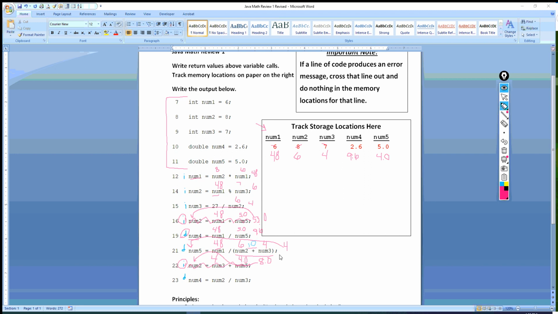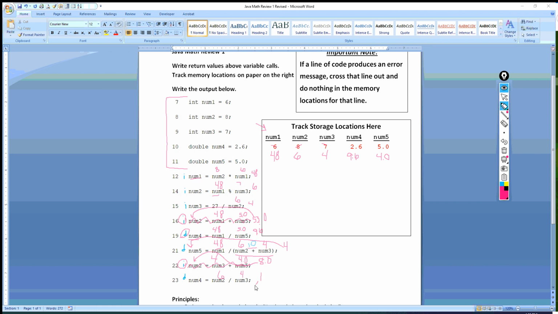Alright, and then we're going to go to line 23. Num2 is 6, num3 is 4. Now 6 divided by 4, it has to be an int because both operands are ints. That means use the calculator, drop the decimal. So 6 divided by 4 is just 1.